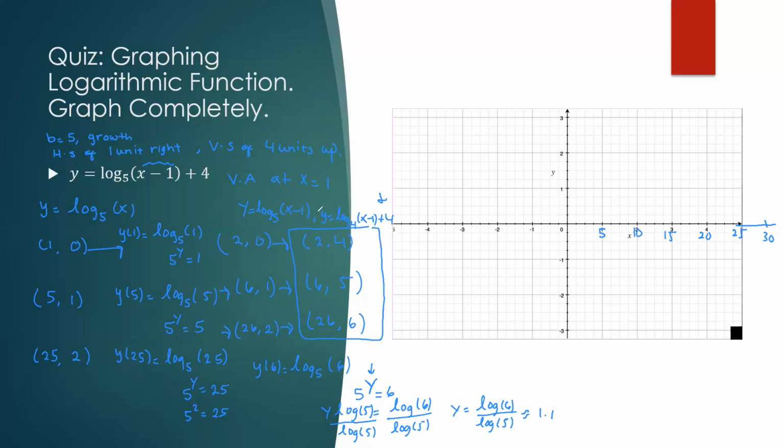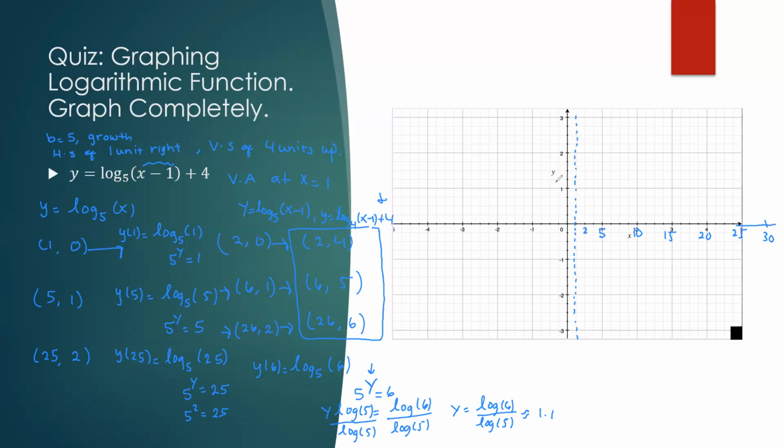We said that our vertical asymptote is at x equals 1, so this would be 1. And then we have coordinates at (2, 4). Here's 2.